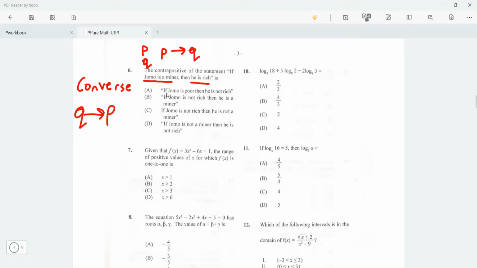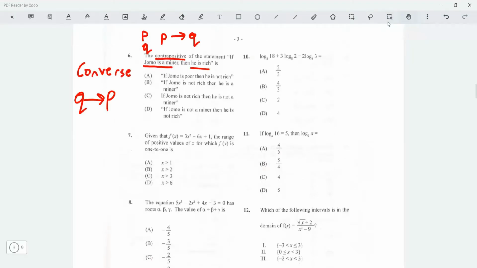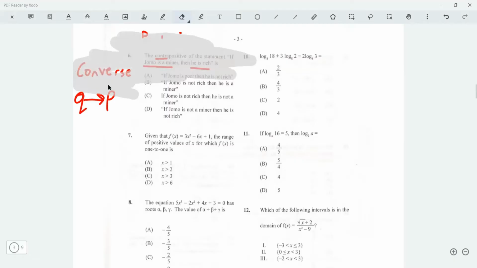If Jomo is rich, then, oh, it didn't say converse, it said contrapositive. I don't know why I saw converse. All right, so scrap what I said. My sincere apologies. For some reason, I'm thinking about converse, but the question said nothing of that sort.